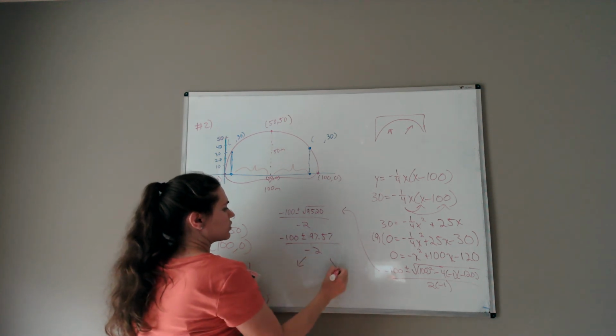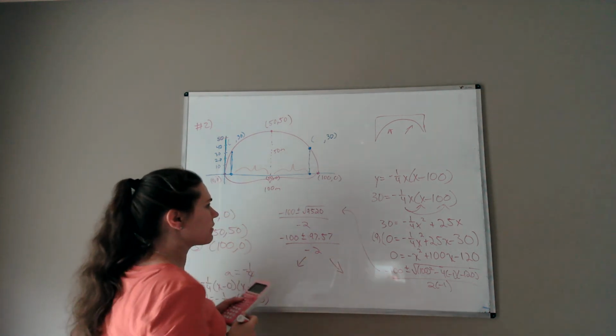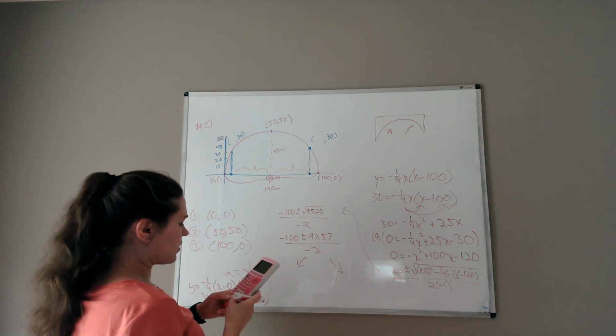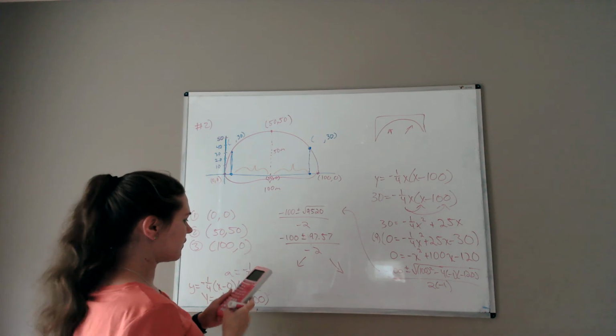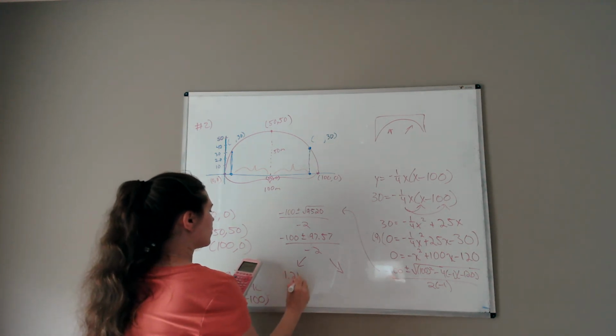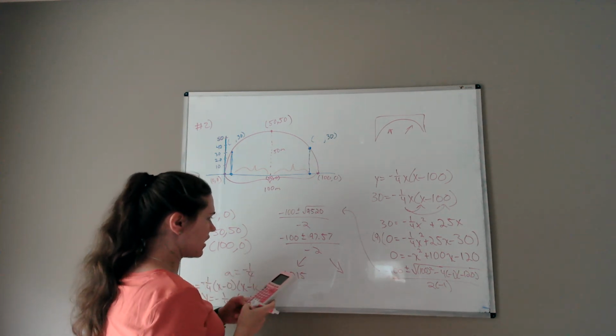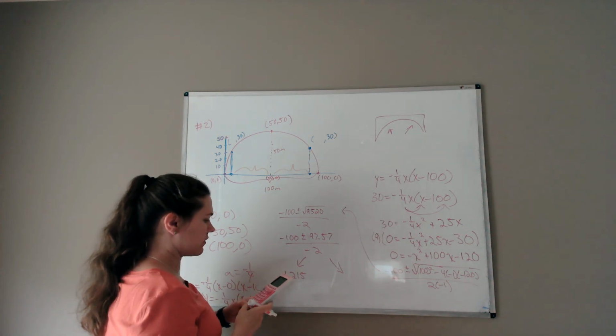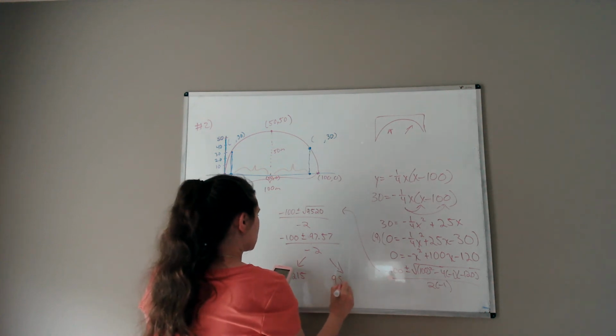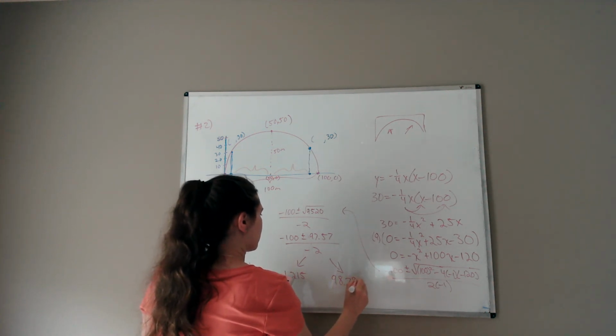So now let's get our 2 values of x that the output would be 30. So negative 100 plus 97.57 divided by negative 2 puts us at 1.215. And negative 100 minus 97.57 divided by negative 2 puts us at 98.785.